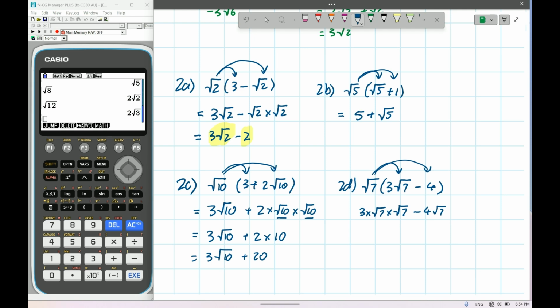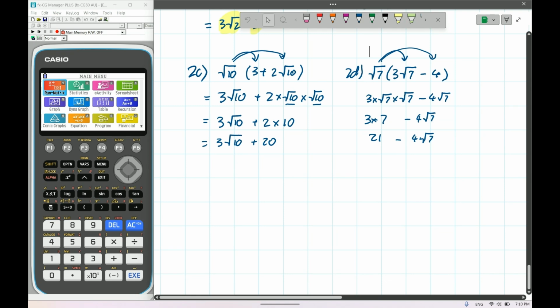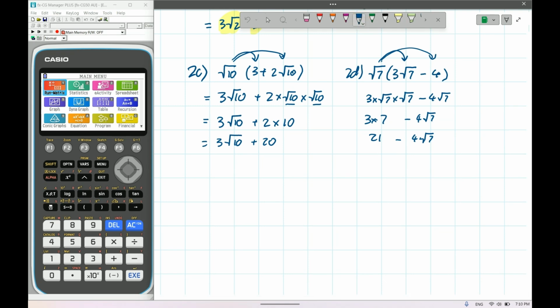The 2 square root 7s will then multiply to make 7, minus 4 square root 7. 3 times 7 will make 21. Sorry, square root 7. Yeah, cool. All right. Let's keep going through question 2b.